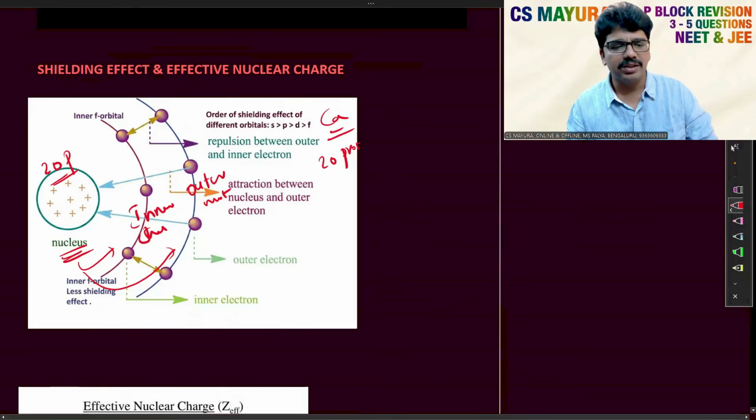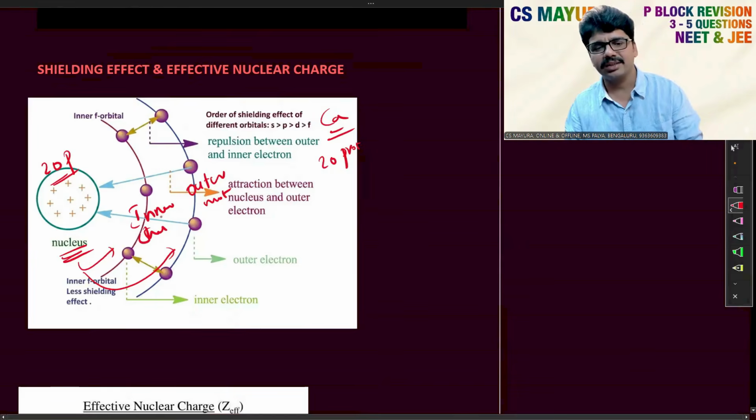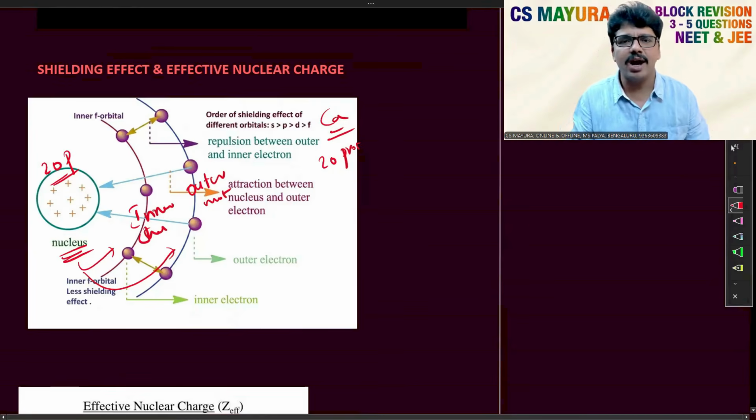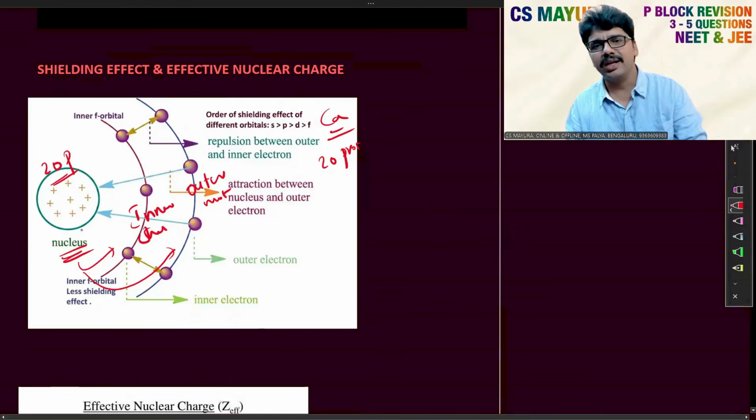But actually, 20 units of positive charge is not acting on the outermost shell, because the inner electrons are decreasing the nuclear force of attraction on the outermost shell electrons. The inner electrons act like a wall between the nucleus and the outermost shell. That's why the nuclear charge decreases. So due to the shielding effect, there is some reduction in the nuclear charge on the outer electrons.